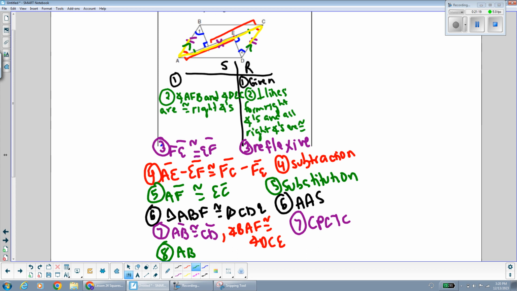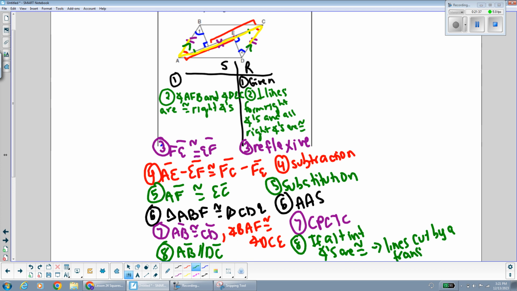AB is parallel to DC. And my reason for that is if alternate interior angles are congruent, then lines cut by a transversal are parallel.